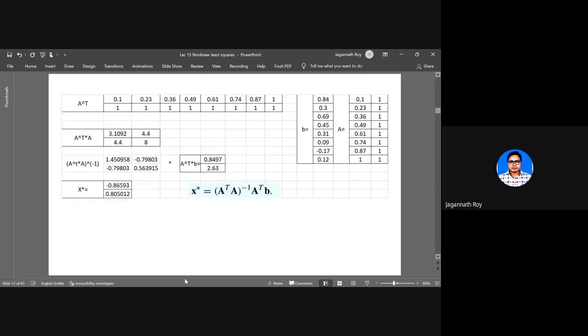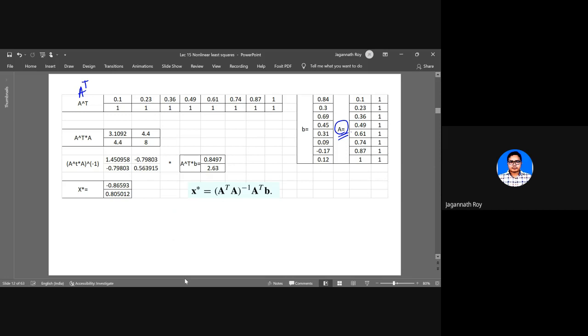Now, if you try to find the A matrix, I have calculated it in Excel. So this is the A matrix, and A transpose.